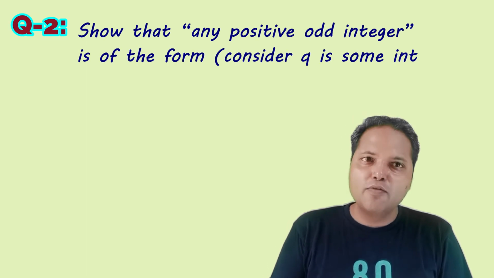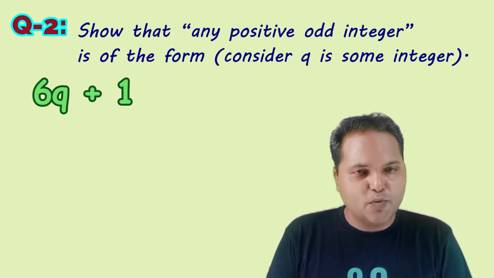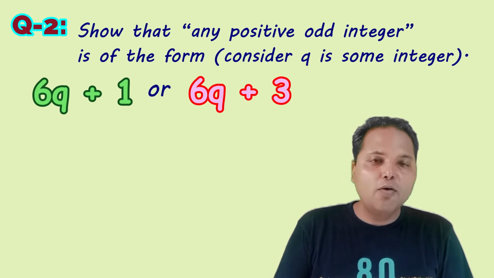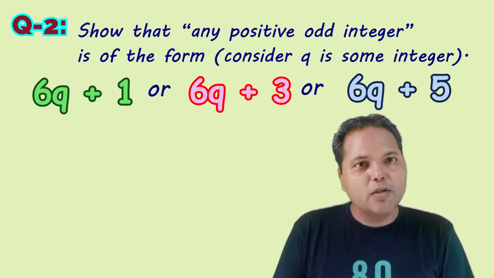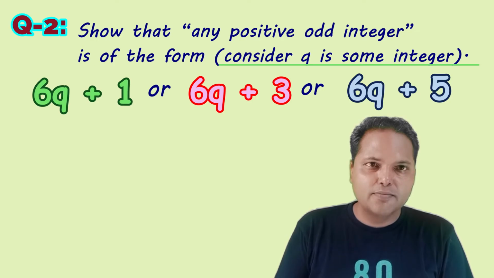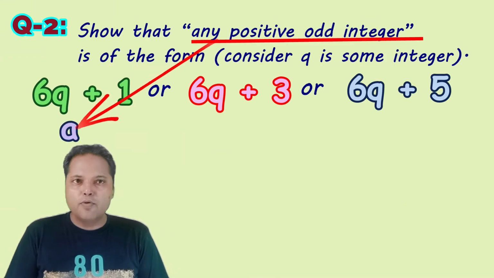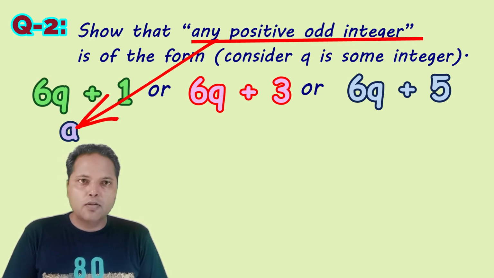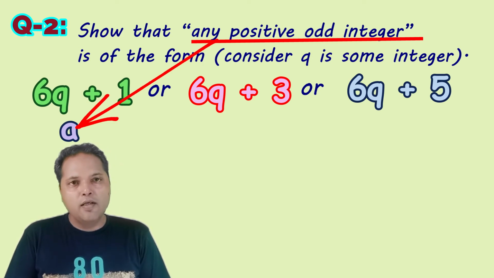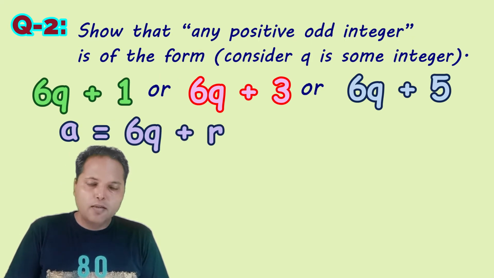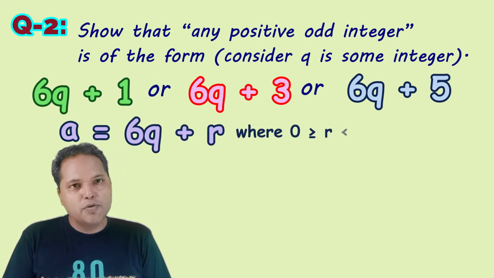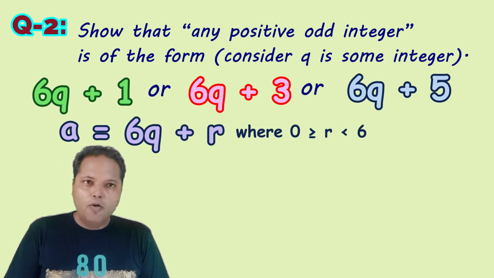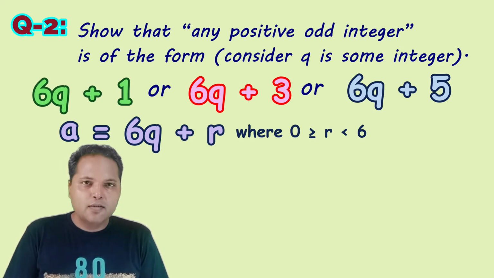Okay, so question number 2 says, show that any positive odd integer is of the form 6q plus 1 or 6q plus 3 or 6q plus 5, where q is some integer. Let's consider a is some positive odd integer, and when we apply Euclid's division algorithm on this, then we can say that a is equal to 6q plus r, where r is either equal to 0 or greater than 0, or it will be lesser than 6.